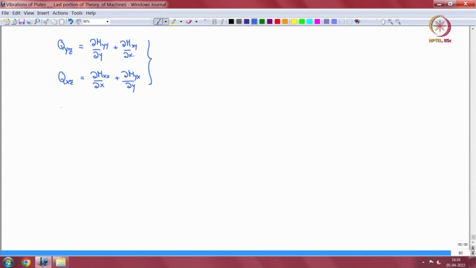So these are the two moment balance equations. Lastly, we balance forces in the vertical direction. So what do we get?